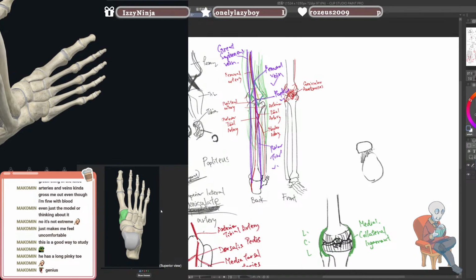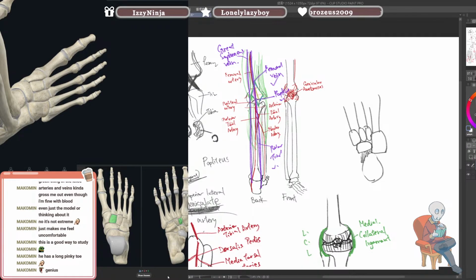It's called cuboid because it's sort of like a cube, square. Pardon the art, if you could call it that. Cuneiform, and metatarsal. Excellent drawing. And this will be the medial cuneiform.